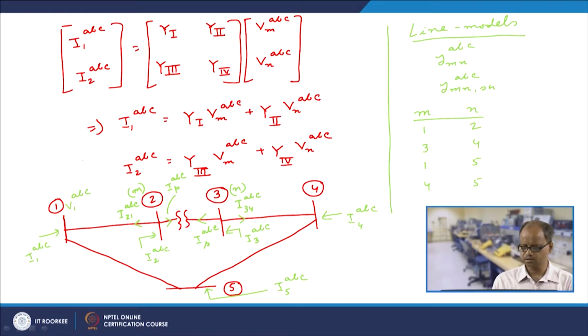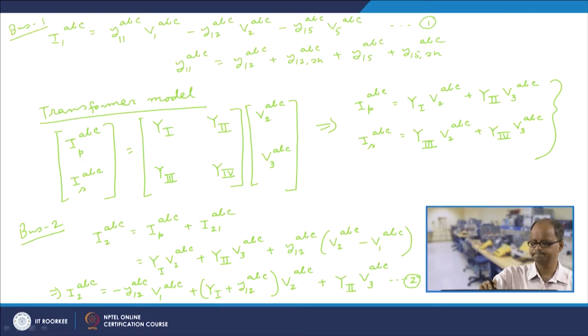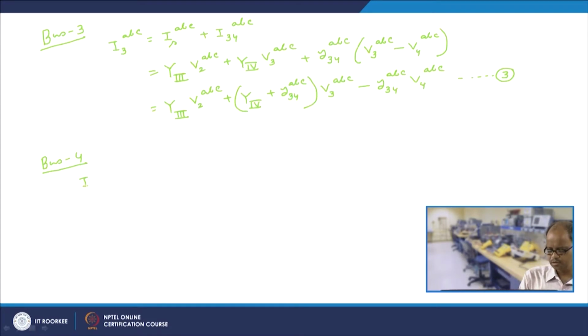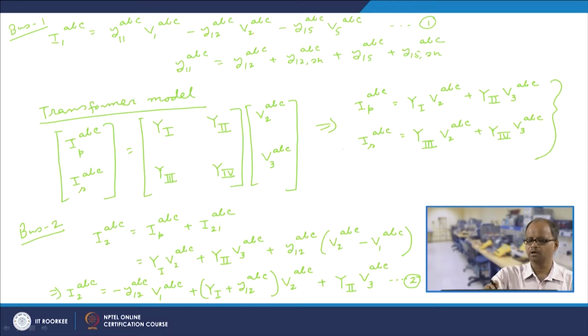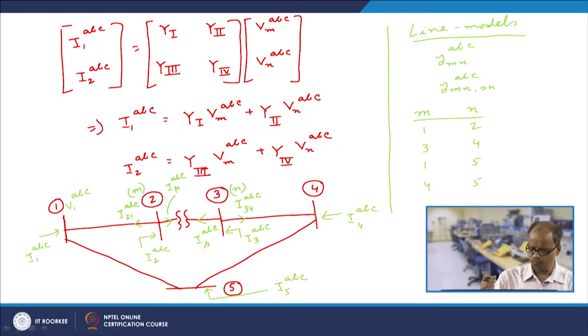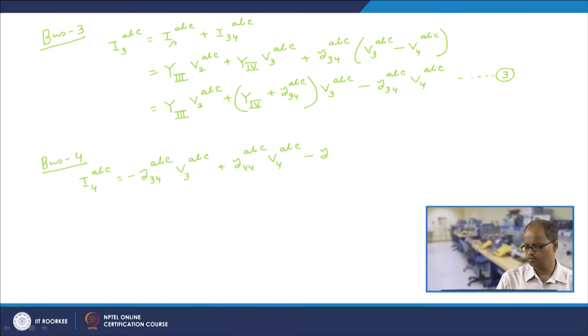At bus 4, I4 ABC would be minus y34 ABC into V3 ABC plus, let's say, y44 ABC into V4 ABC, and then minus y45 ABC into V5 ABC.